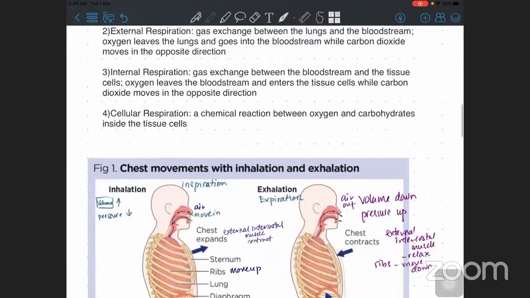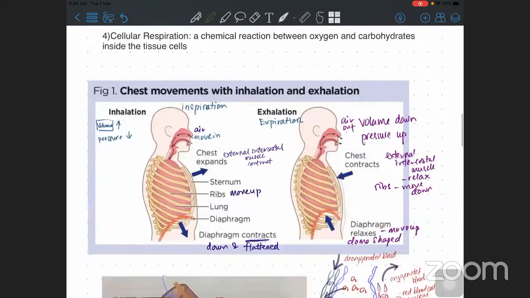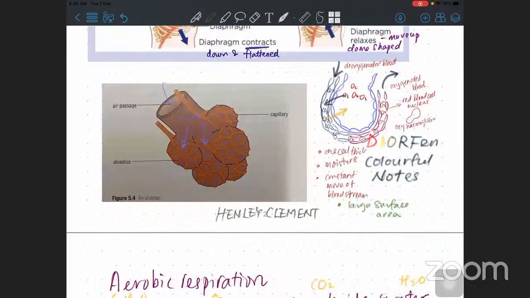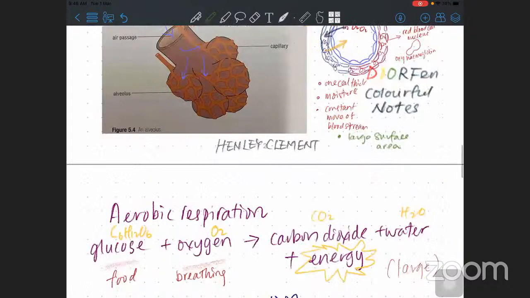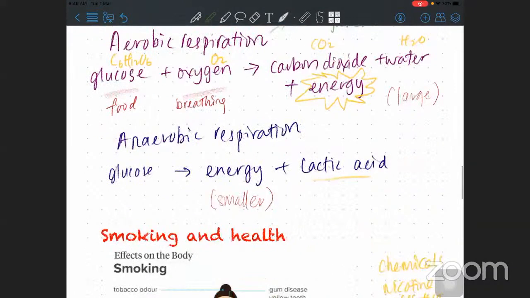Okay, and we have learned about the movement of the chest, inhale and exhale, and what happened to our alveoli, how the process of gas exchange works, and lastly that we learned about 2 types of respiration, which is the aerobic respiration, which is the reverse of photosynthesis, and anaerobic respiration.